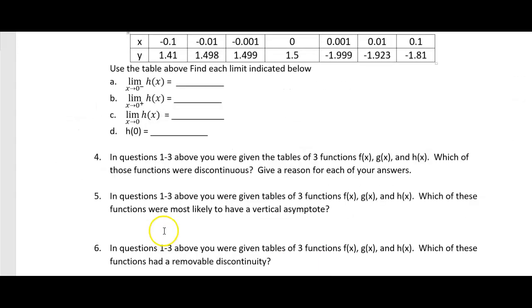Let's go ahead and take a look at number 5. In questions 1 through 3 above, you were given tables of 3 functions, f, g, and h. Which of these functions were most likely to have had a vertical asymptote? Now, a vertical asymptote is a vertical line, okay?